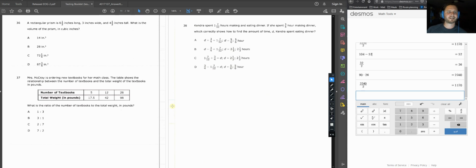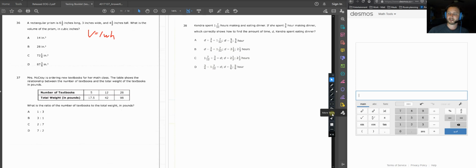For 36, this one is finding the volume of a prism. So all we have to do for volume is length times width times height. And this is a good chance to practice using this calculator, desmos.com/scientific, that you'll be able to use during the EOG. So first, we're going to do 6 1/2.